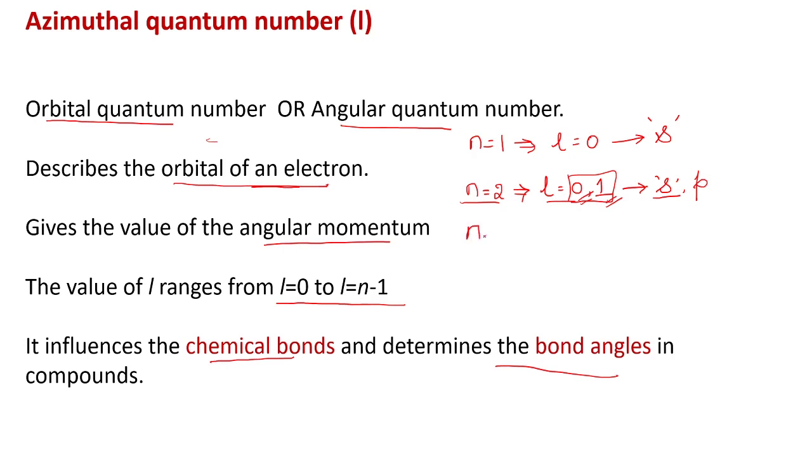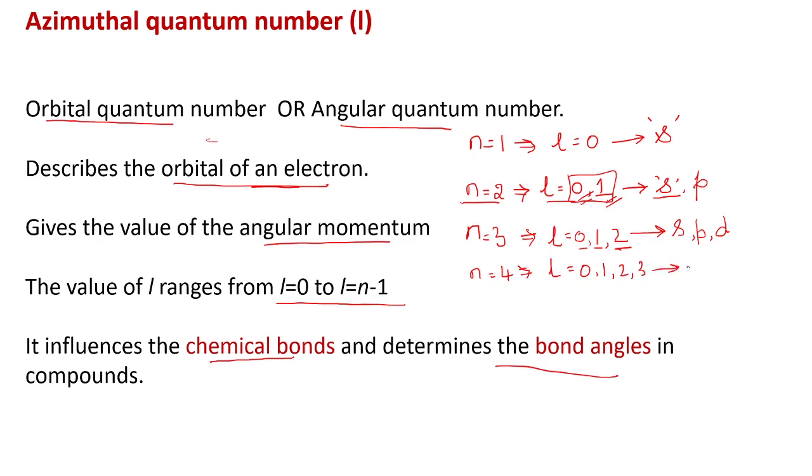If n is equal to 3, then L can have the values 0, 1 and 2. Because there are 3 values for L, there can be 3 orbitals which are s, p and d. And if n is equal to 4, then the value of L can be 0, 1, 2 and 3.